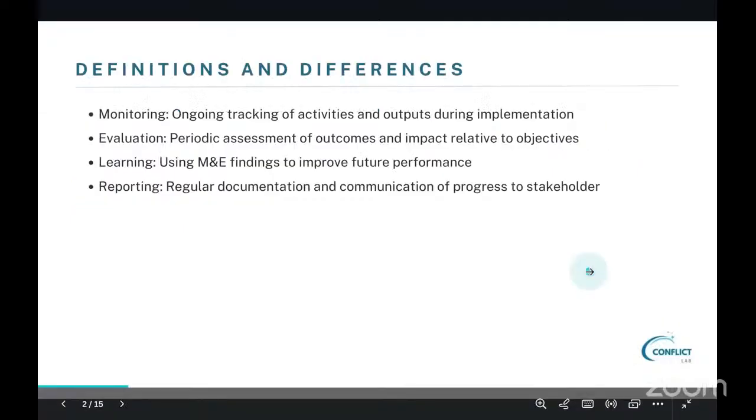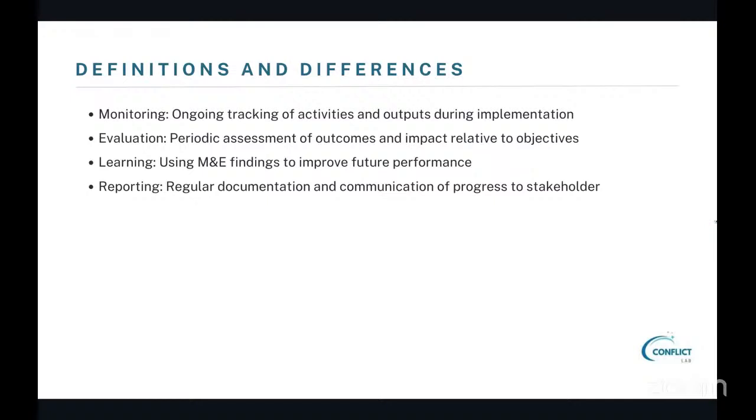Right, so let's first start by understanding what the definitions and differences are. In short, we call it MEL, which is monitoring, evaluation, learning. Monitoring means ongoing tracking of activities and outputs during implementation.